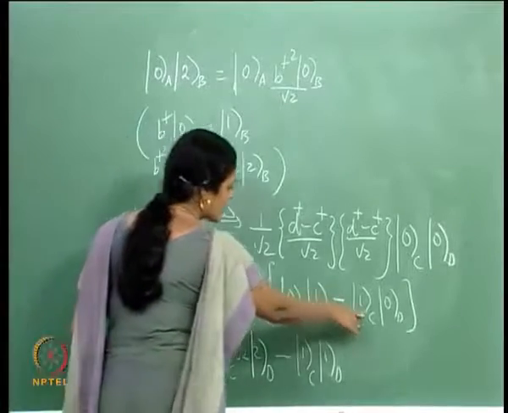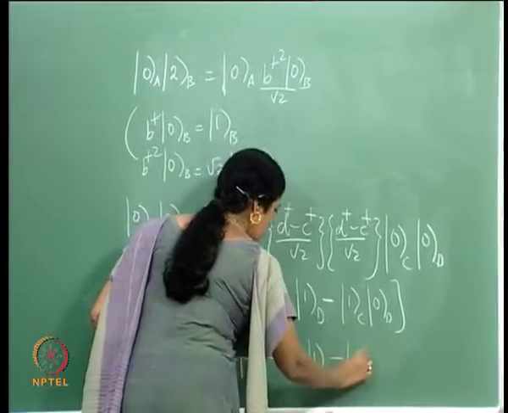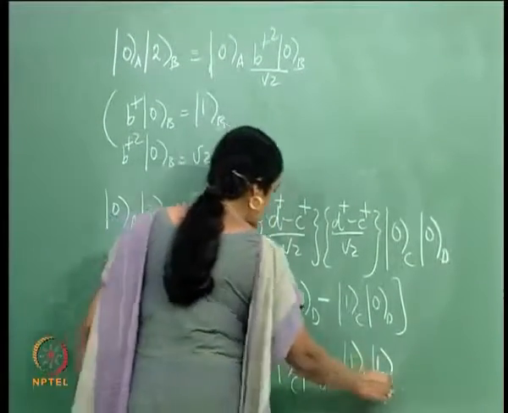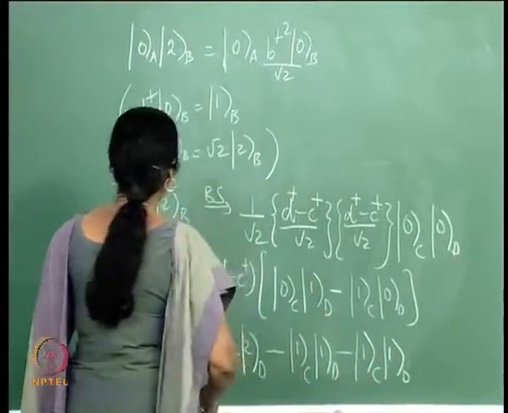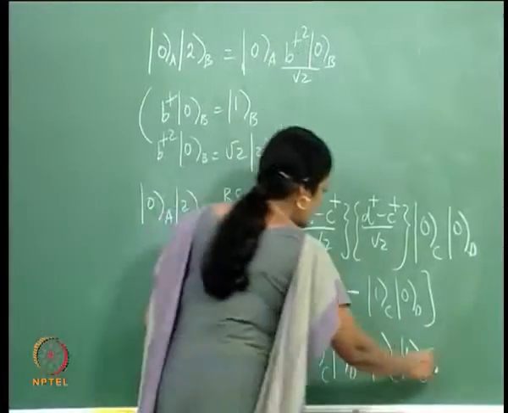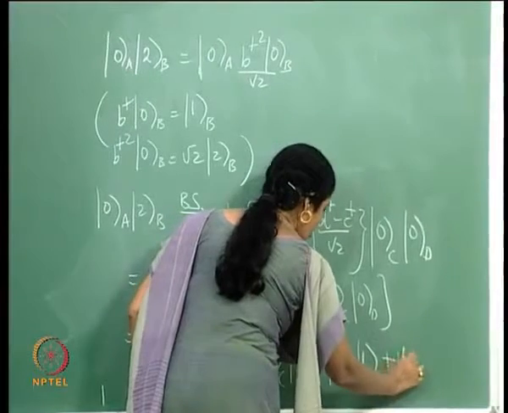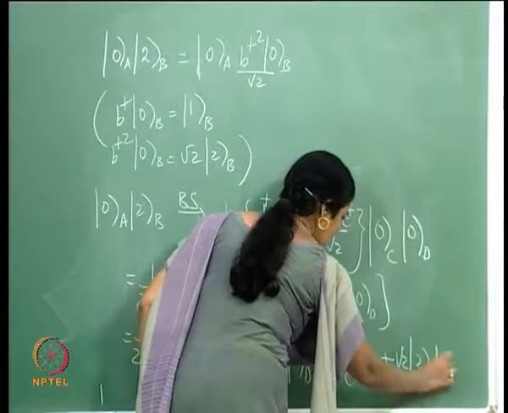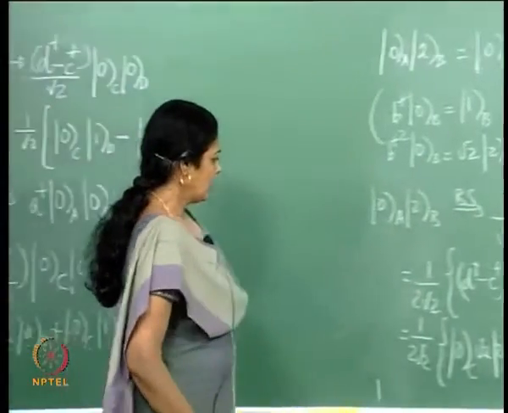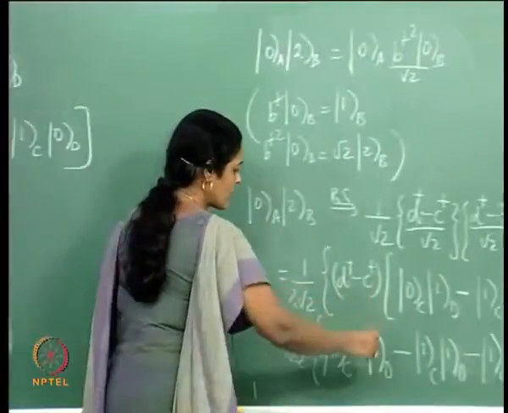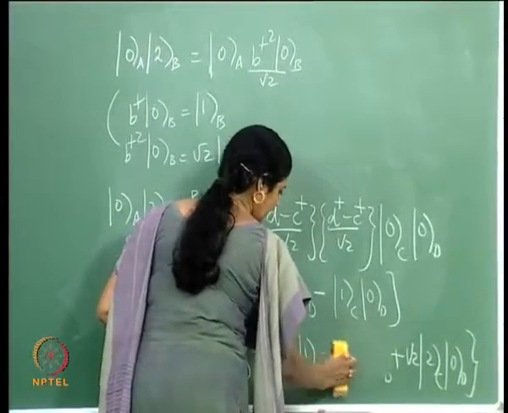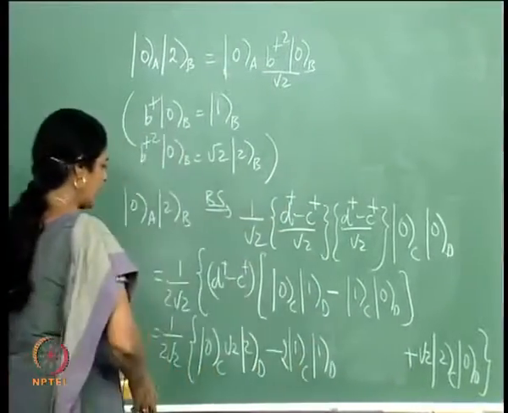When D dagger acts on this term, it gives me minus 1C 1D, and of course there is a C dagger which acts on this, which gives me root 2 2C 0D. Of course I can add these two terms and put a minus sign out there, and this is what I have.